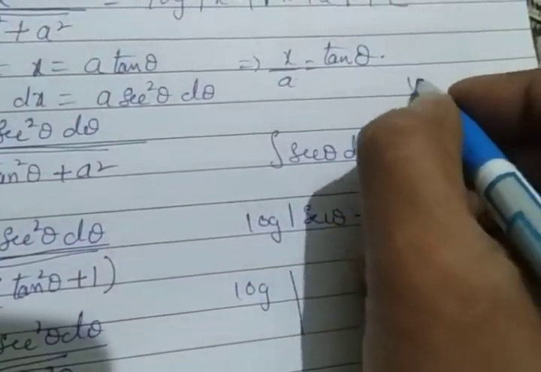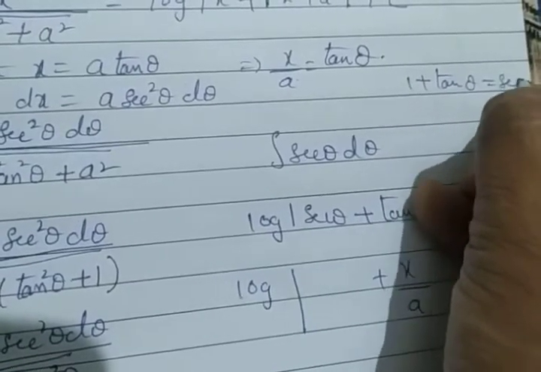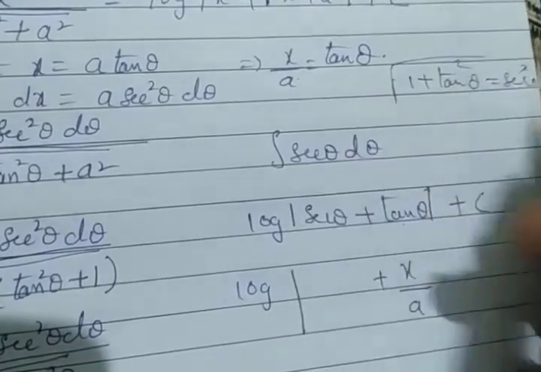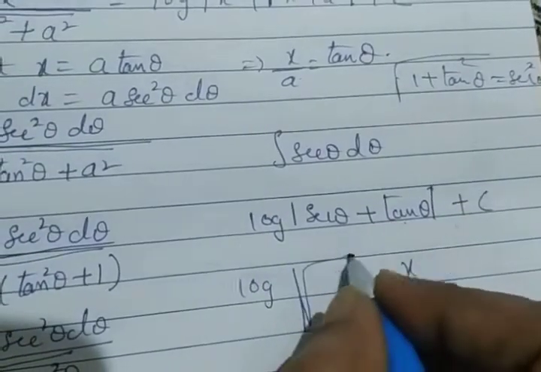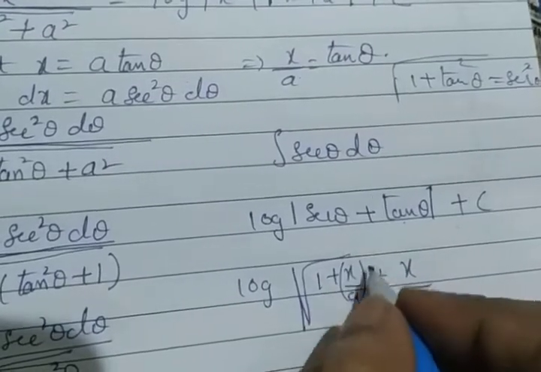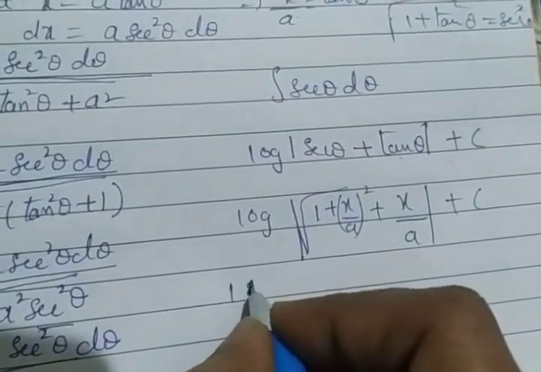Secant: 1 plus tan square theta is equal to secant square, so if you want secant, it becomes the root. So root of 1 plus x by a the whole square, plus c.